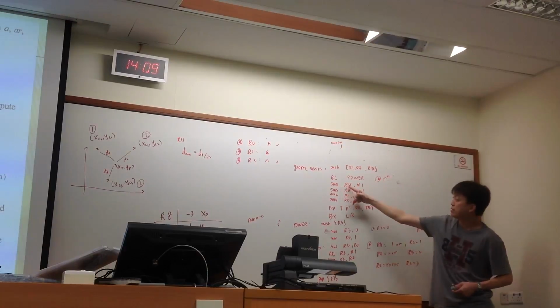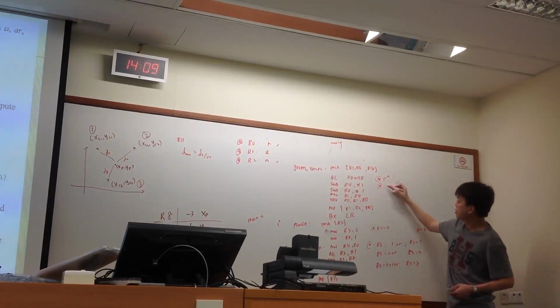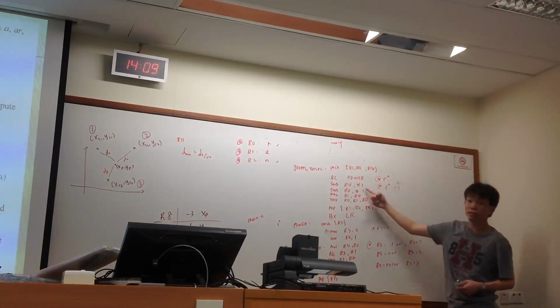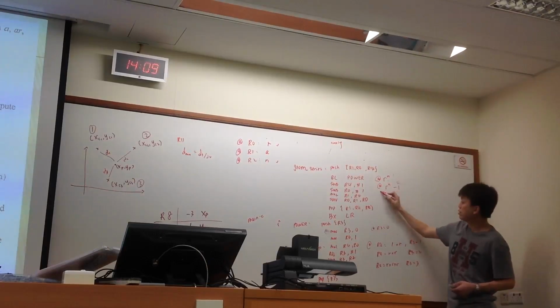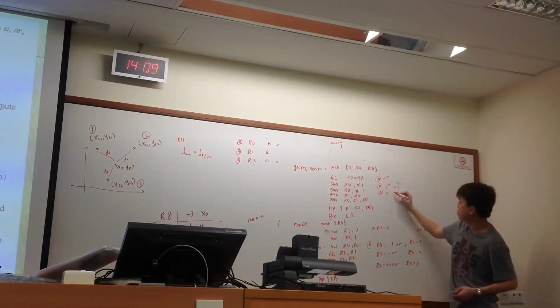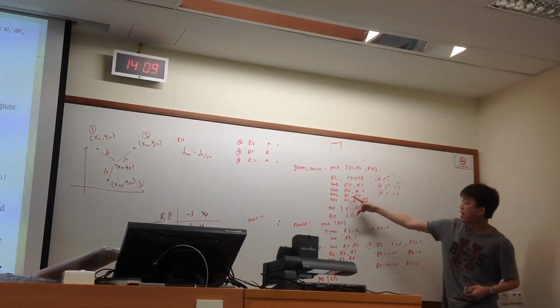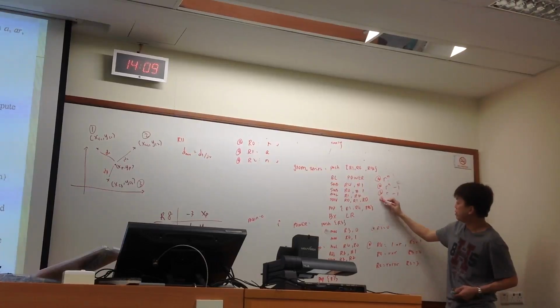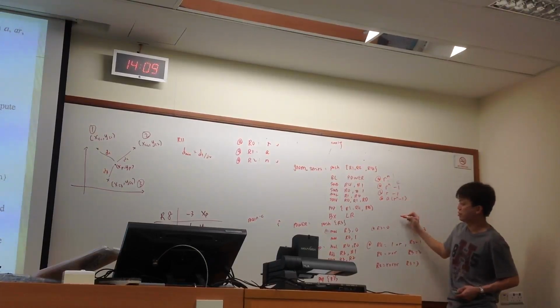Then this line subtract by 1. That means R power to n minus 1. This one is R0 minus 1. R0 is R minus 1. R1 multiply R4. That means this line is A times R power to n minus 1.